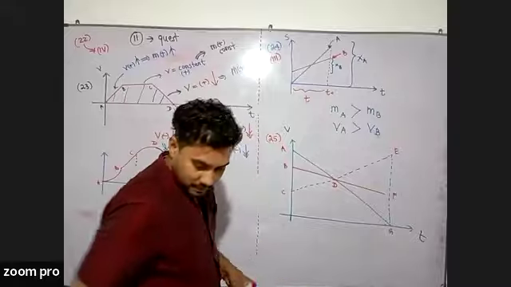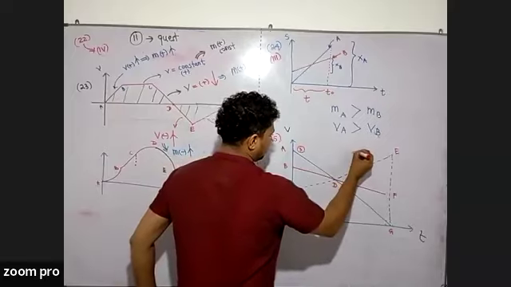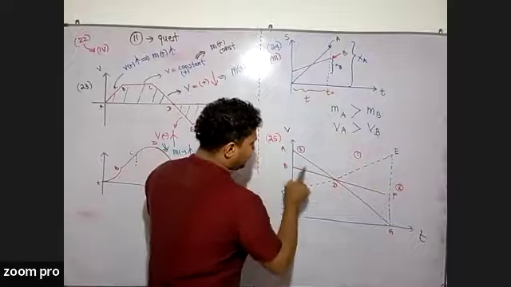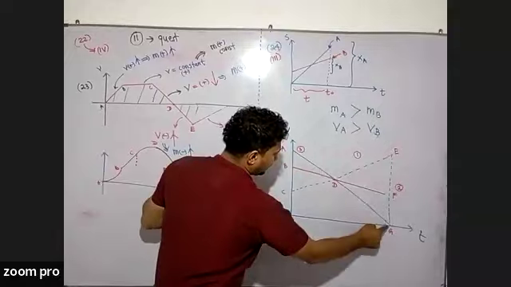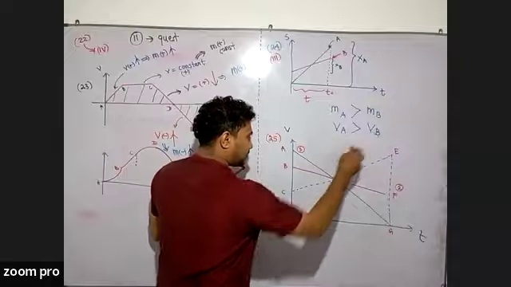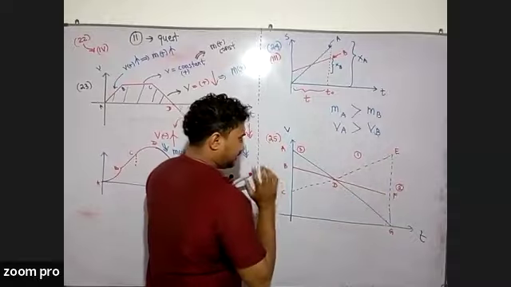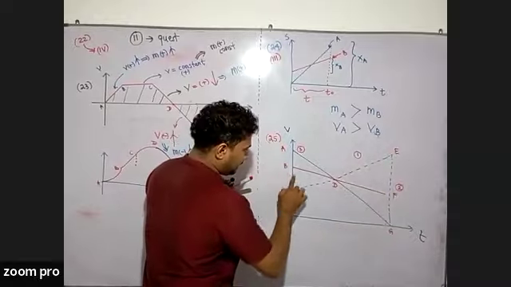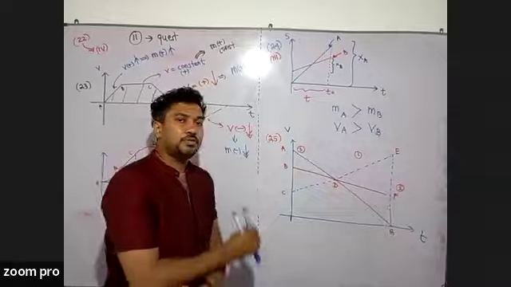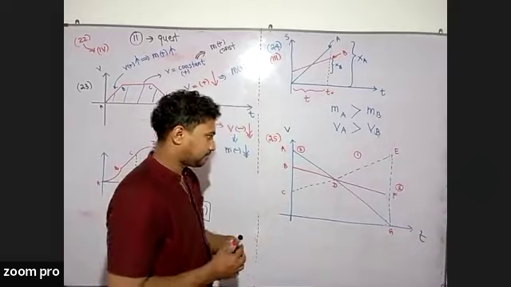Now let's consider: the distance traveled by the third car can be obtained from the area of this triangle, and the distance traveled by the first car from the area of this trapezium. Then, by considering the area of this trapezium, we can figure out the displacement traveled by the second vehicle, right?